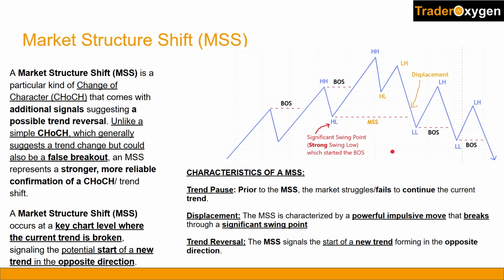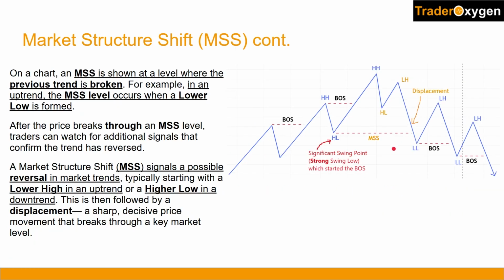Okay, let's see what's next. So again, it's further explaining market structure shifts. So it's at a level where the previous trend is broken, like we explained in the previous slide. See, this is broken down. So that's where the market structure shift happens. So after the price breaks through a market structure shift level, traders can watch for additional signals that confirm the trend has reversed.